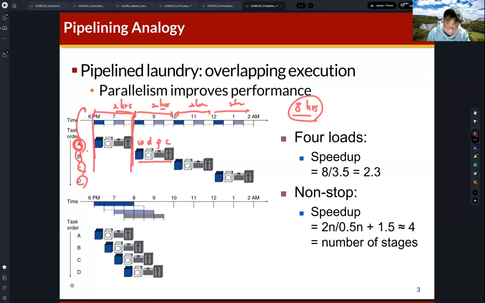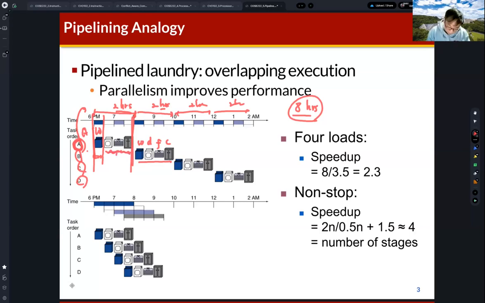For clothing A, in the first 30 minutes, we use the washing machine. But how about the other 3 steps? We do not use the dryer, we do not fold clothing, and we do not use the closet, right?